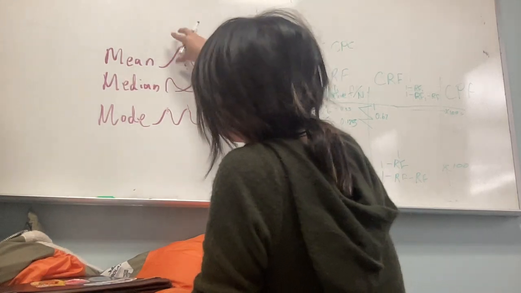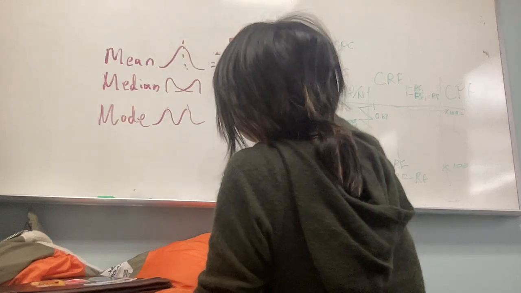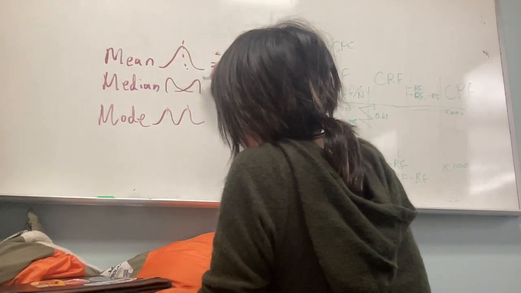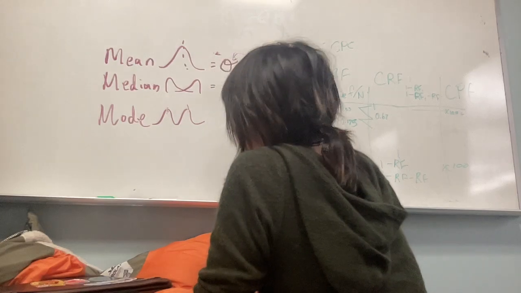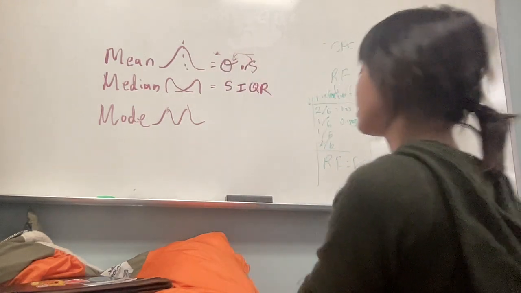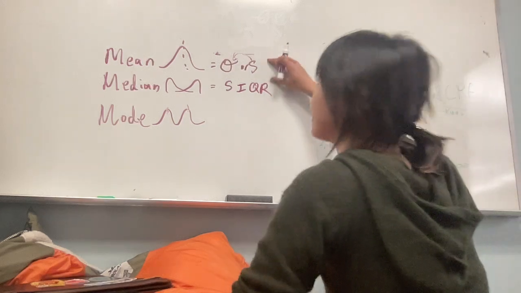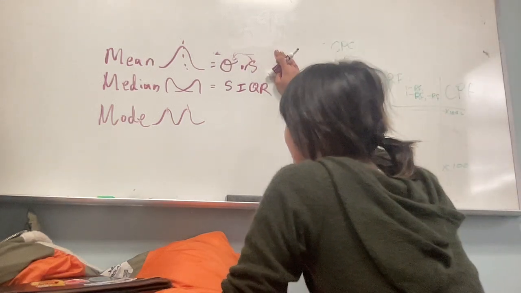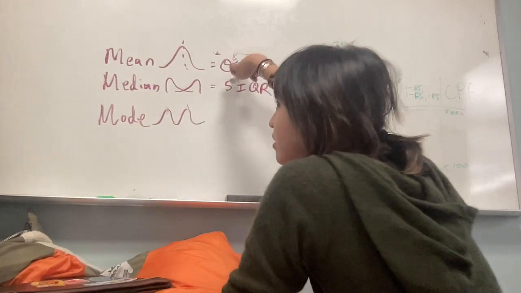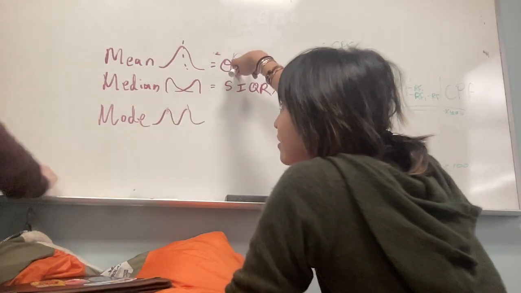If you're using this center, the mean, then this is the measure of spread that we like to use. But if you're using the median, then we like to use SIQR. So they have their own measures of spread associated with them. If you had median, you wouldn't want to use standard deviation.